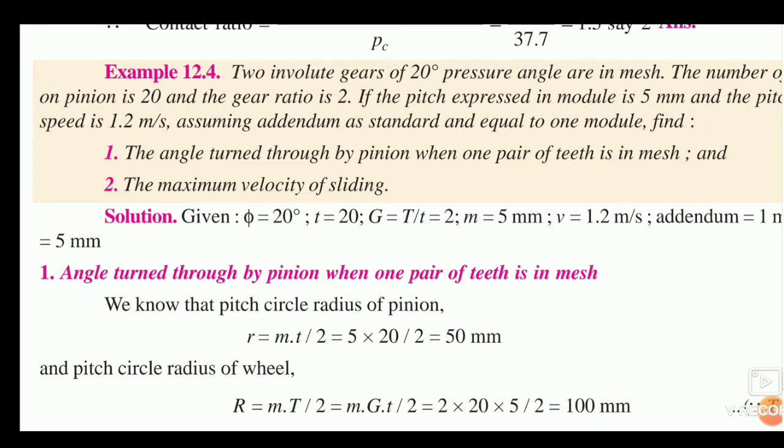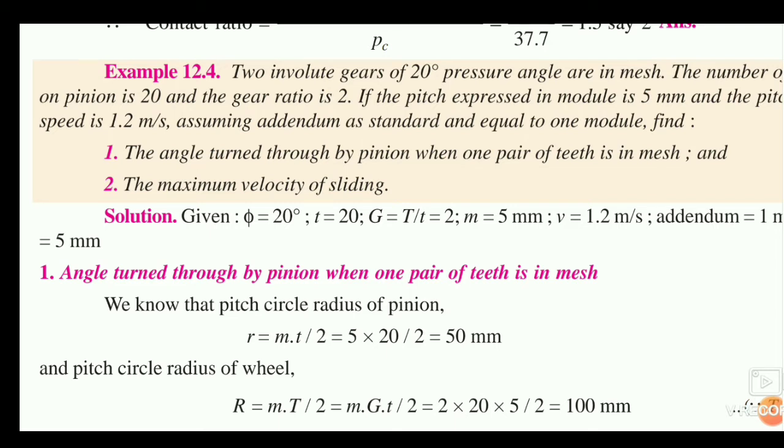The second question is finding the maximum velocity of sliding. Here also there is one formula you have to memorize in order to find the angle turned through, and these formulas are very simple. Similarly, for maximum velocity of sliding there is also one more formula. So I'll show you that.